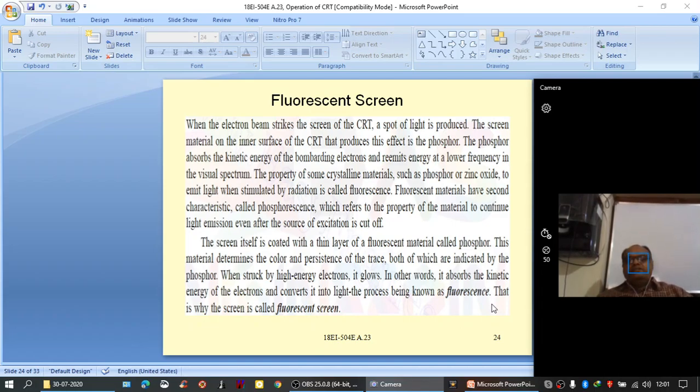That is why the screen is called a fluorescent screen. The name fluorescent screen has come to the CRO screen because it exhibits the property of fluorescence. That is, when the electron beam hits the surface of the screen, it emits light.